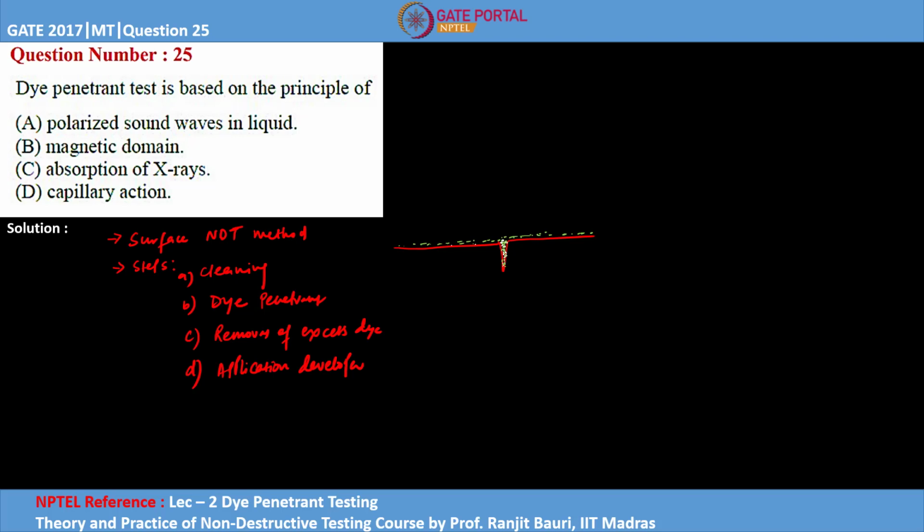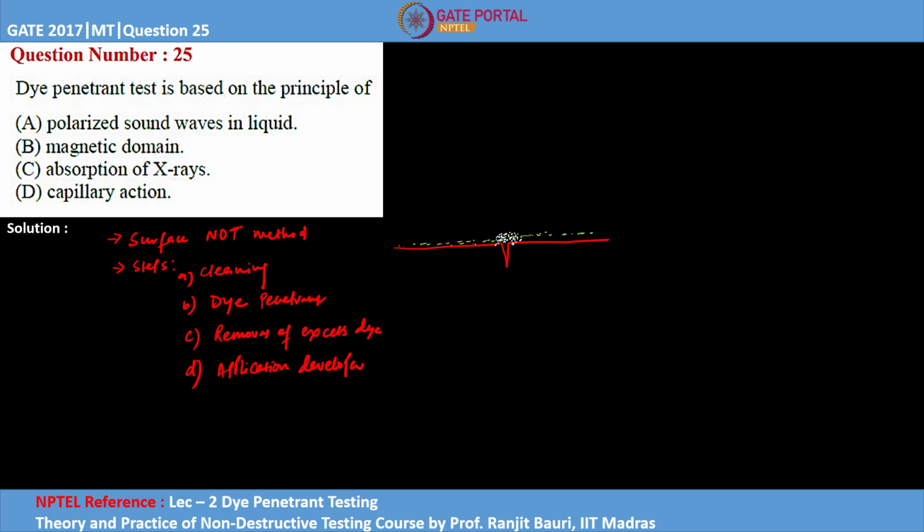That is, now this dye penetrant which is inside the crack will be coming out. So the dye which earlier went inside this crack will now be coming outside when it reacts with the developer, and it will be present on the surface due to reverse capillary action.